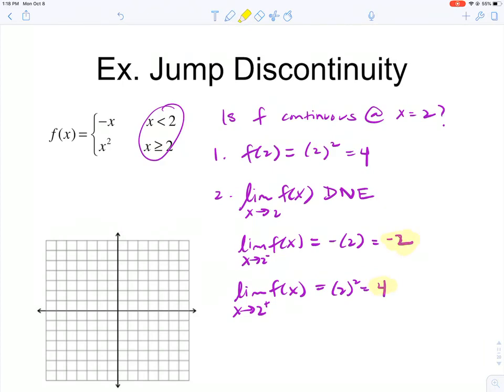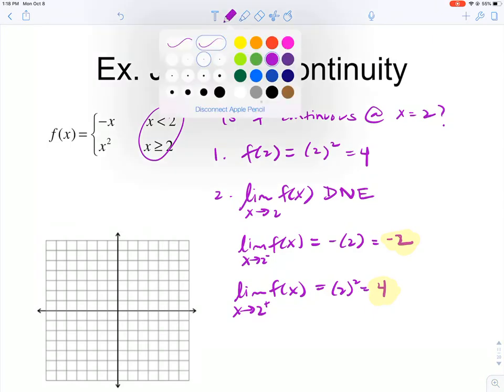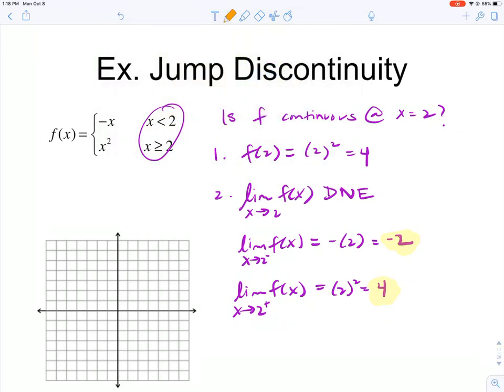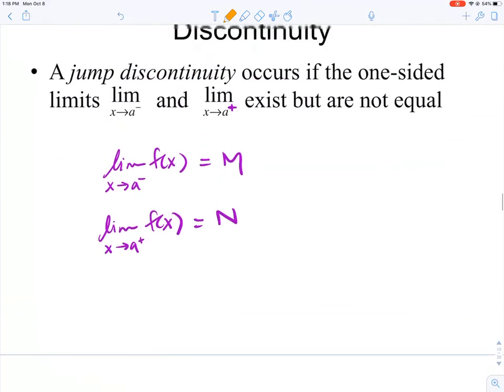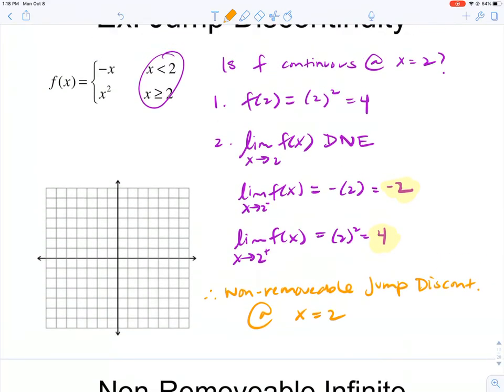And when the one-sided limits do not agree, we know there is a non-removable jump discontinuity at x equals 2. It's non-removable.